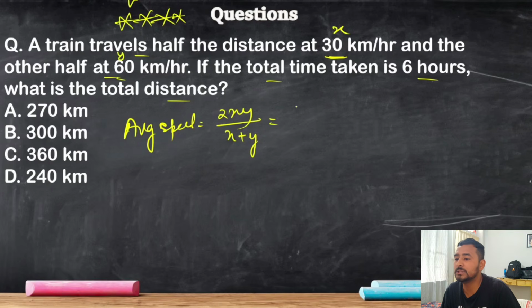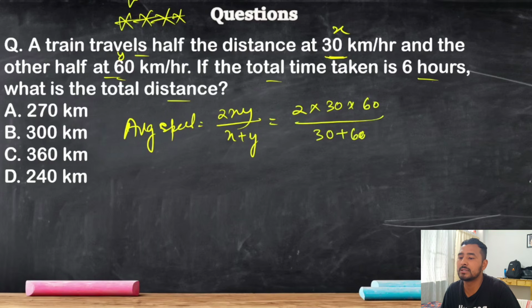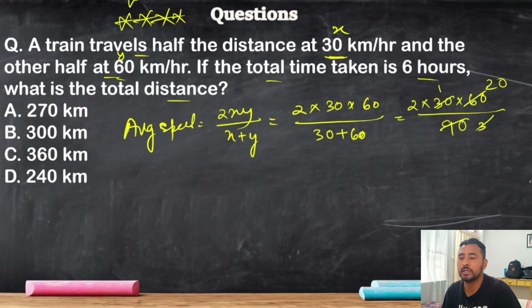Just put in the formula. 2 into 30 into 60 divided by 30 plus 60. 30 plus 60 is how much? 90. Cancel 3, 3 1s are 3, 3 3s are 9, 3 into 20. 2 into 20 is how much? Our speed is 40 km per hour.